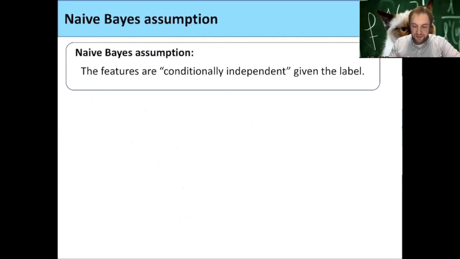Basically, this means that if I tell you that this email is spam, and you know the probability that this email contains the word hello, then this doesn't change the probability that this email also contains the word student. So given the label, knowing that one word is in there will not influence another word.